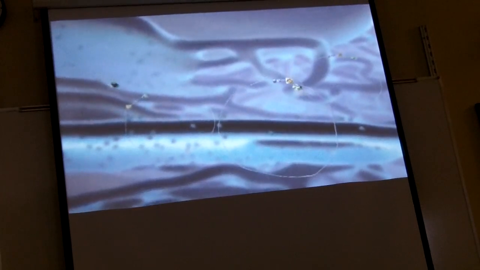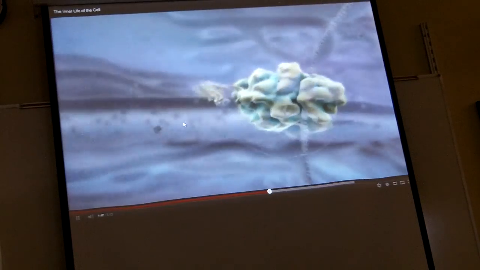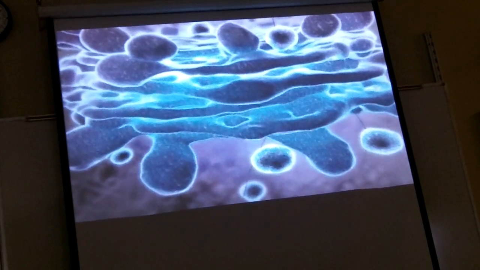That's bits of RNA leaving the nucleus, going to a ribosome and being made into a protein. There's the protein coming out. That's a mitochondrion. That's the Golgi body.